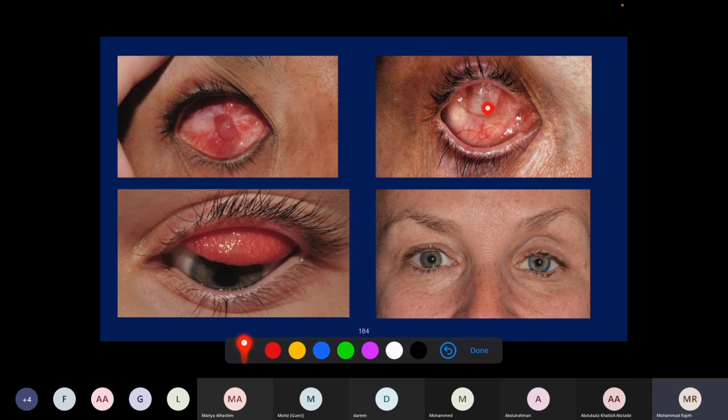Symblepharon? No, this is a cyst. You can see it's containing fluid. So this is a conjunctival inclusion cyst or Tenon cyst. Anyone knows why this happened? Yes, excellent. So you embed the conjunctiva inside the closure.